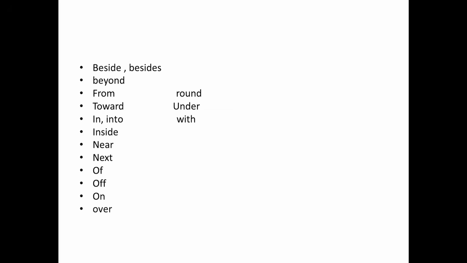Until, then we have beside and also besides, and you have to understand the difference between the two, beside and besides. Where do we use beside and what are the places or situations where we use besides? So, it is different. Beyond, from, toward, in and into, inside, near, next, off and o double off, completely different meanings. Over, round, under, with.